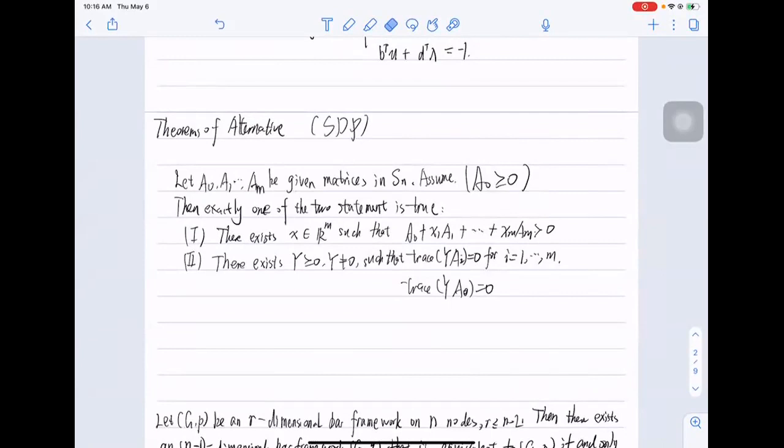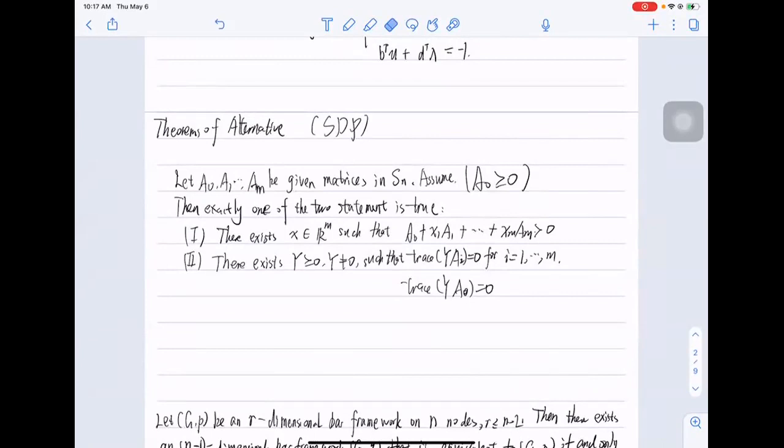Okay. So this theorem says: let A_0, A_1, ..., A_m be given matrices in S^n, so n by n symmetric matrices, and assume A_0 is positive semi-definite.